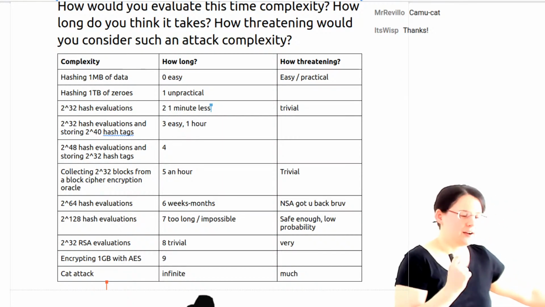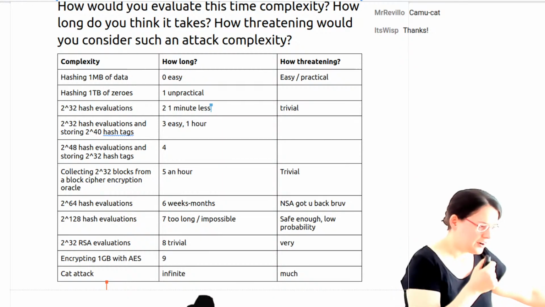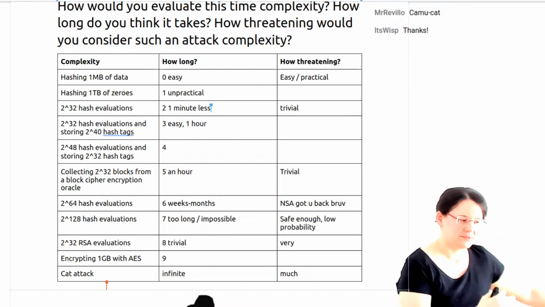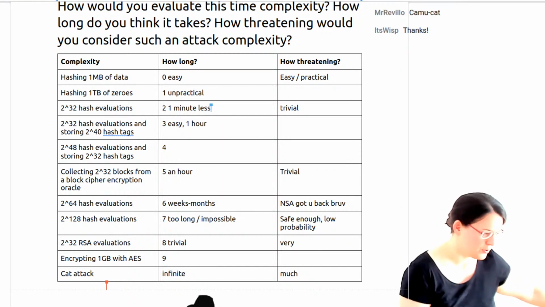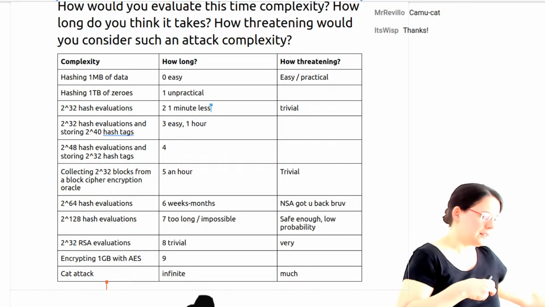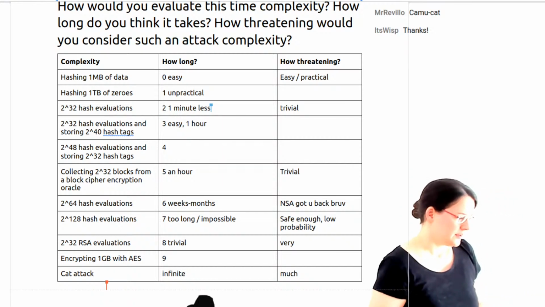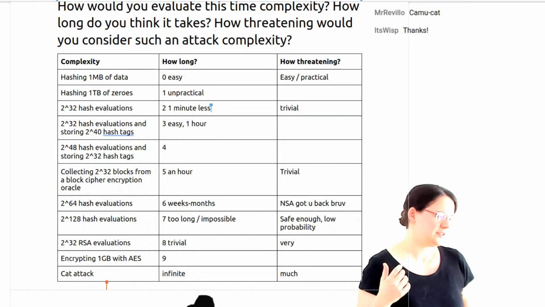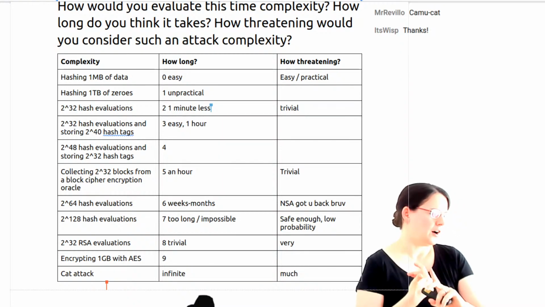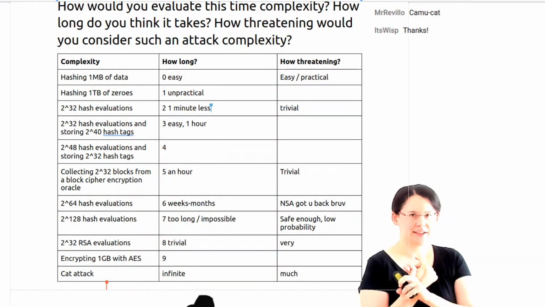That's true. However, evaluating RSA is approximately something like a factor of 1000 slower than a hash evaluation or a block cipher evaluation. So if you try to think of how long it actually takes, things you need to take into account are how long executing one of these things takes.